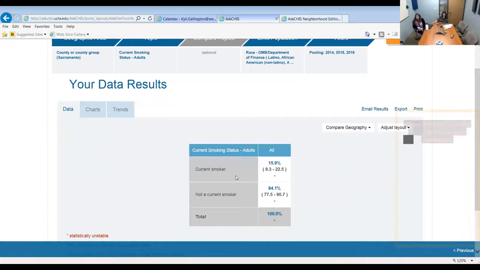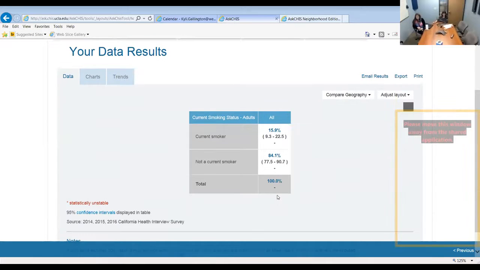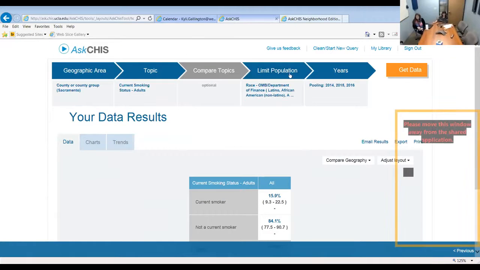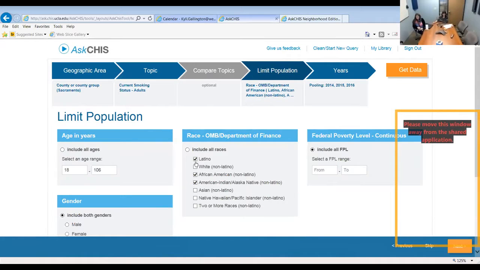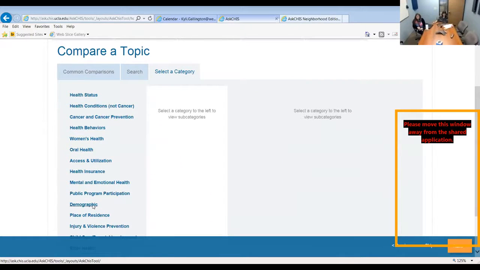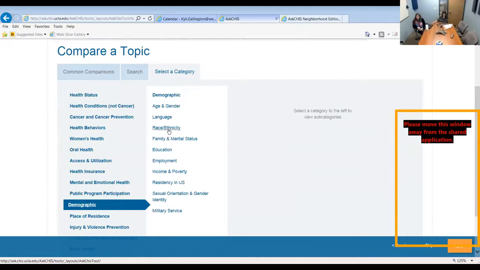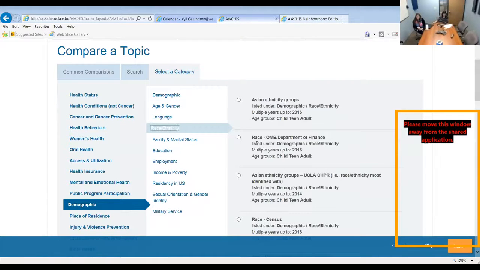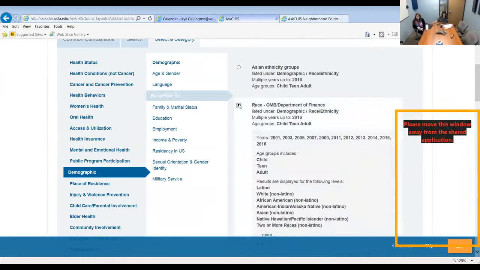So this is showing that information just for these three groups. What I would actually like to do is not limit the population, but compare the population. So let's do that. Yeah, so let's compare by demographics, race and ethnicity to the OMB Department of Finance.